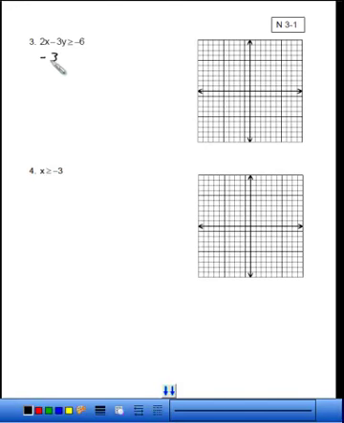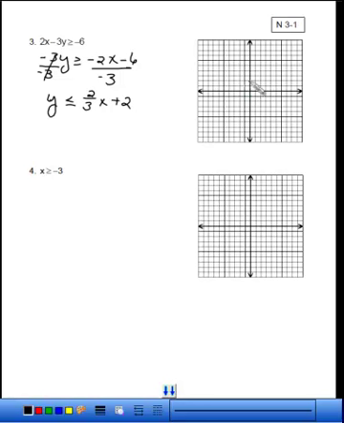So we have negative 3y is greater than or equal to negative 2x minus 6, divided by negative 3. This becomes 1y. We have to switch the sign because we're dividing by a negative. Positive 2/3 x plus 2.